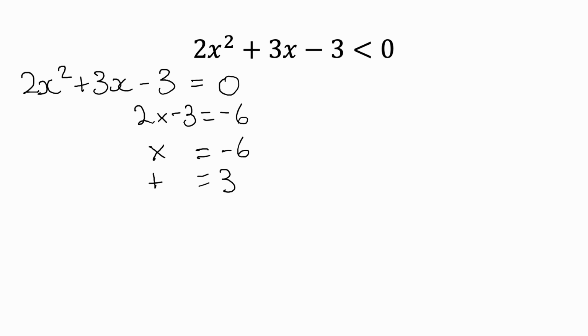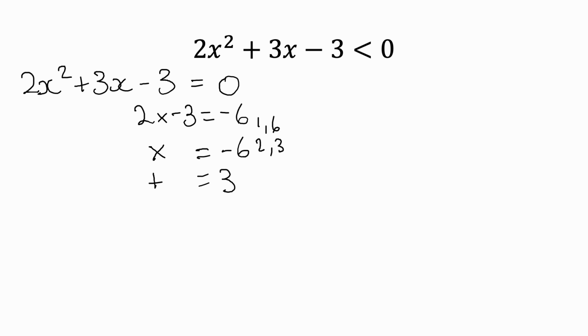In order to do this, we think of our factors of 6: 1 and 6, and 2 and 3. Are there any numbers from here that multiply to make negative 6? Yes, but do they add to make 3? No, they don't.